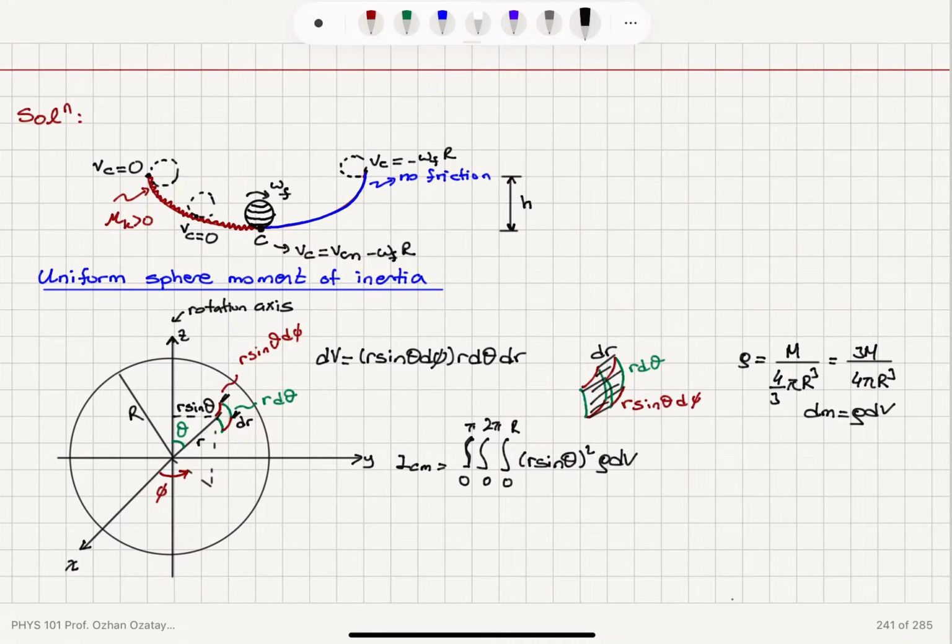So this will be equal to, the phi integral basically gives us a 2 pi, so let's evaluate that already here.